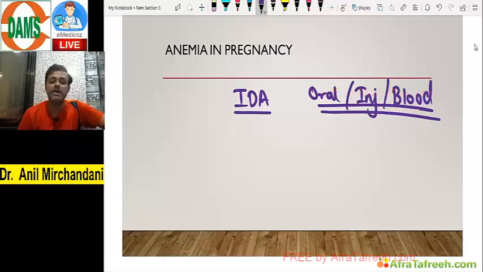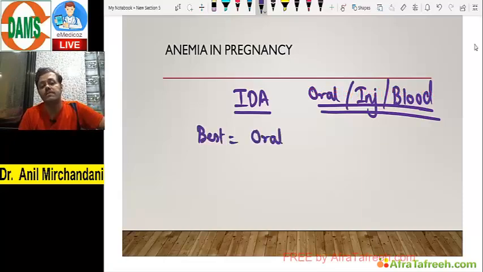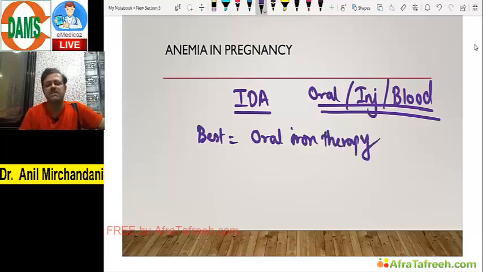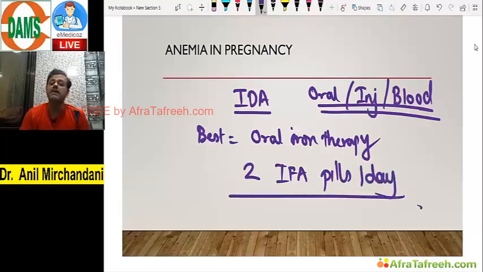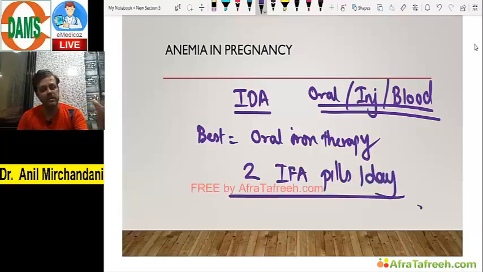Remember this, the best treatment is oral iron therapy because it is safe and effective. IFA pills are given, 2 pills per day, and one IFA pill contains 60 milligram elemental iron and 500 microgram folic acid. 2 IFA pills per day is best.